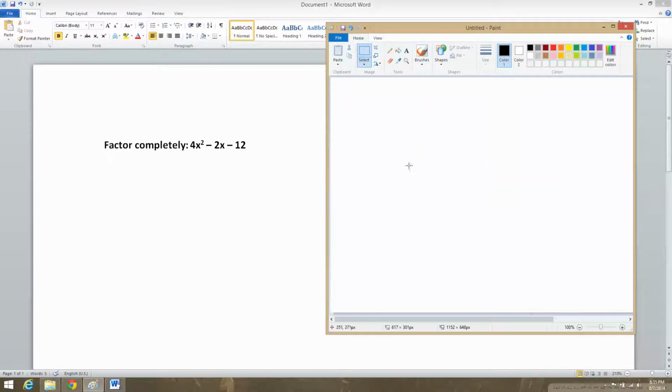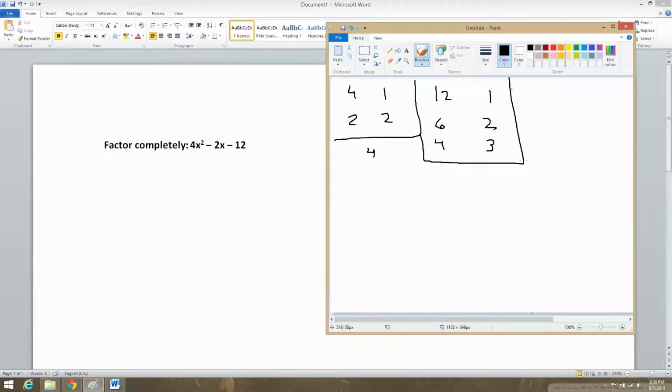Alright, so I'm going to rewrite those real quick. So 4 and 1, 2 and 2, those are for 4. And for 12, you're going to find 12 and 1, 6 and 2, 4 and 3, and those are for 12.